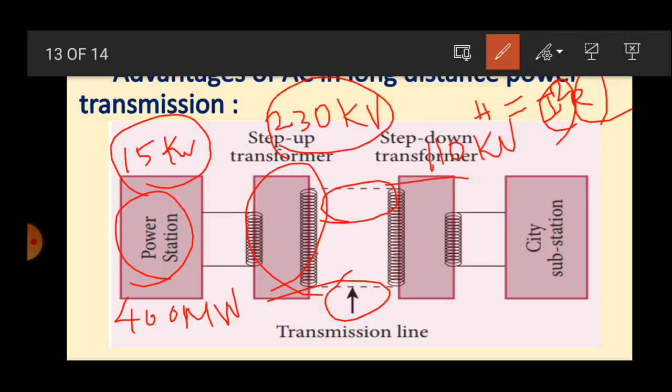Again the power is stepped down to 11 kV by a transformer. Before distribution to the user, the power is stepped down to 230 volt or 440 volt depending upon the need of the user, city, industrial or domestic. In our home we are using 230 volt. So this is power transmission.